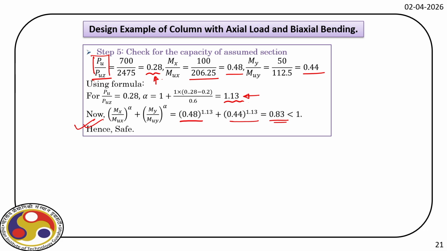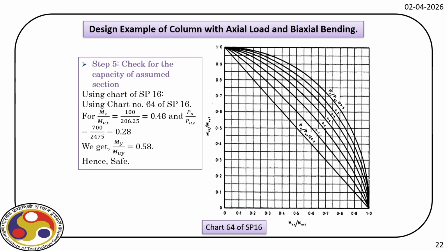Now we have to check the capacity of the assumed section in step 5. For that, again, let us use SP16, chart number 64. So we have Mx by Mux as 0.48 and Pu by Puz as 0.28.